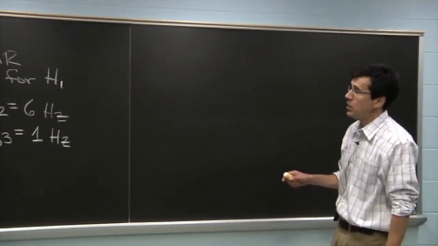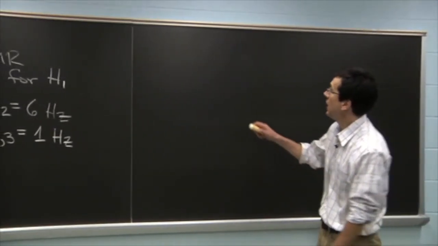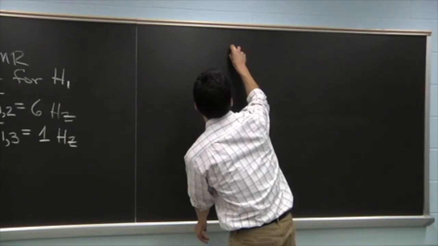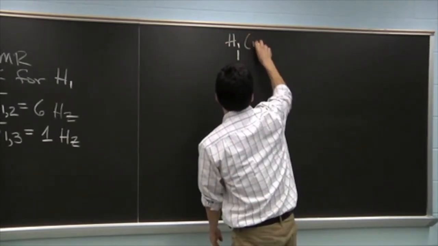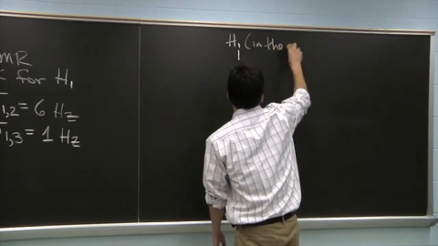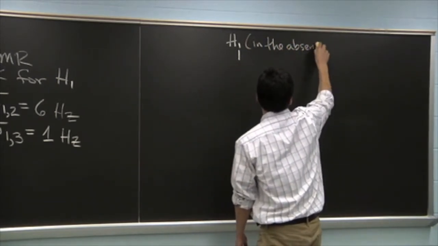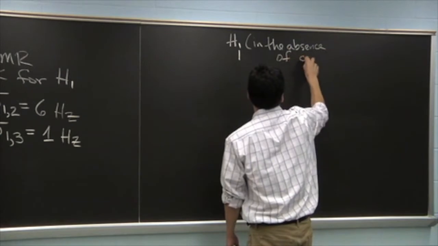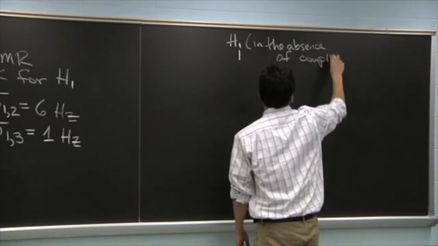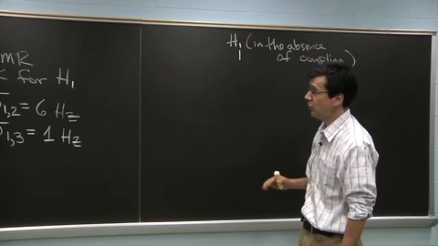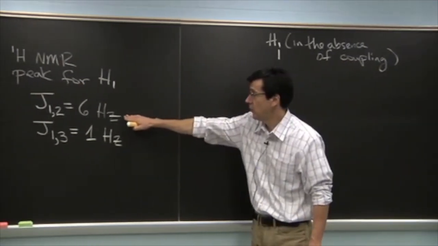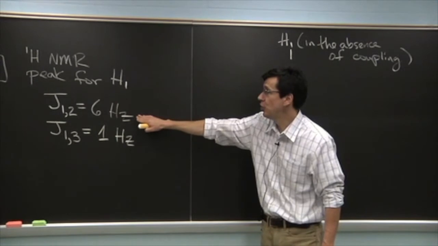All right, so the way that you do this is you say, okay, well, here is going to be the peak for H1 in the absence of any coupling. And then we will take these couplings in turn. Let's start with the coupling to H2.